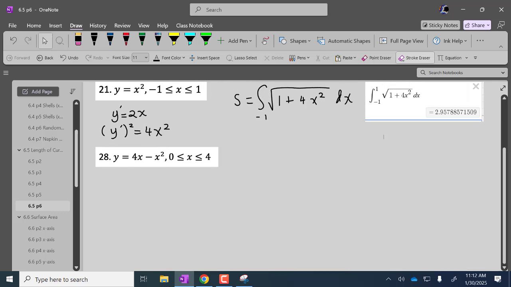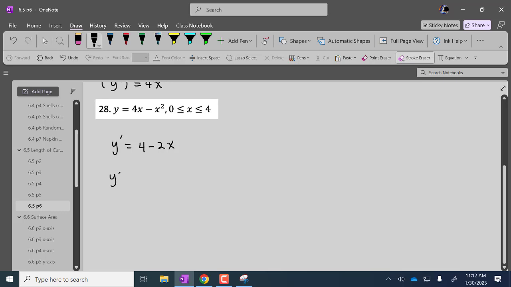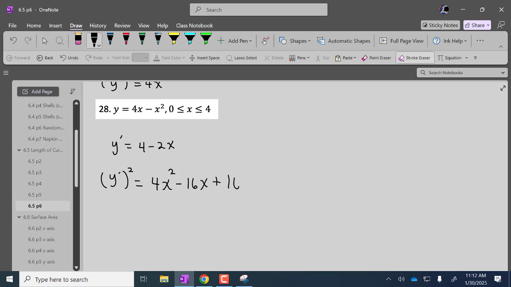We'll end up with something similar down here when we find y prime. We're going to end up with a function that has a square that is not going to be integrable, at least not yet. When we square this, we're going to get 4x squared minus 16x plus 16. And the arc length is the integral from 0 to 4 of the square root of that plus 1.